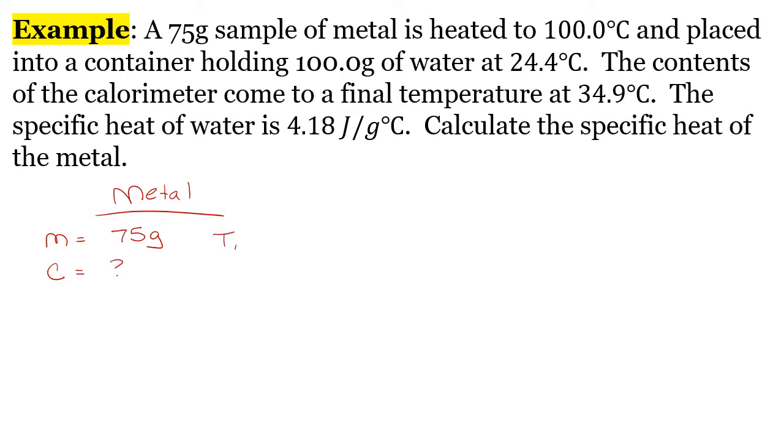The initial temperature of our metal is 100 degrees Celsius, and the final temperature of our metal is 34.9 degrees Celsius. So our change in temperature, 34.9 minus 100, gives us a change in temperature of negative 65.1.